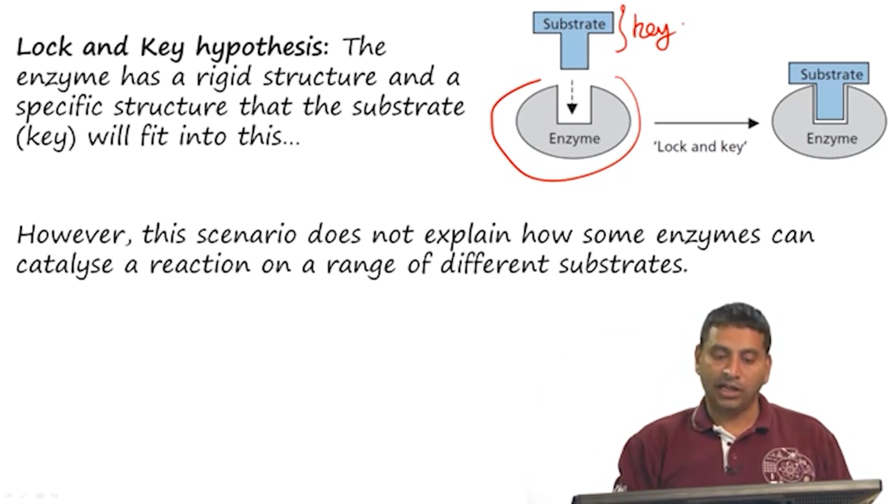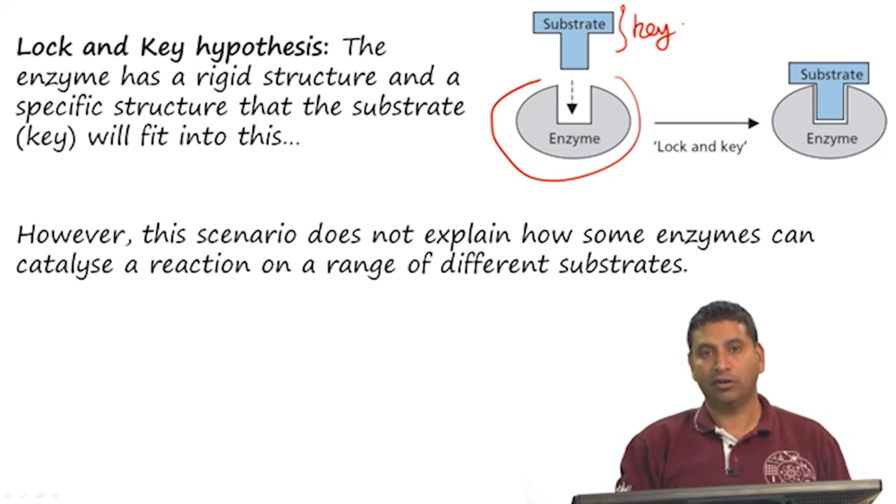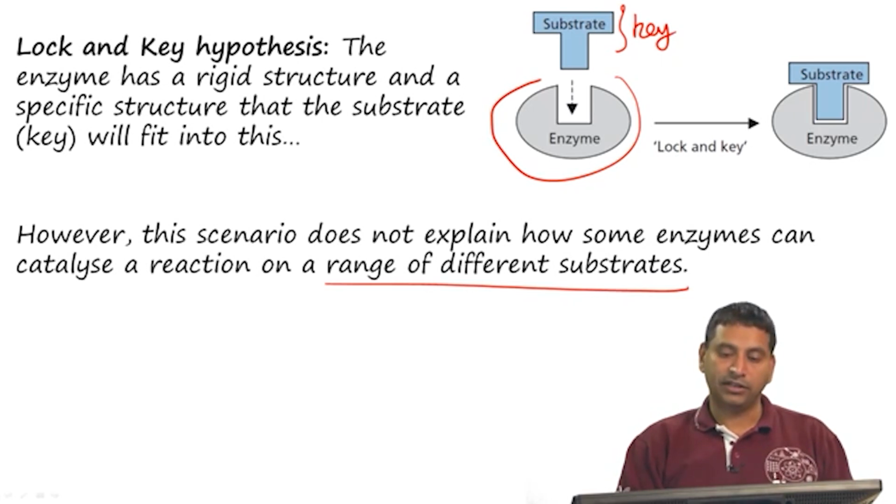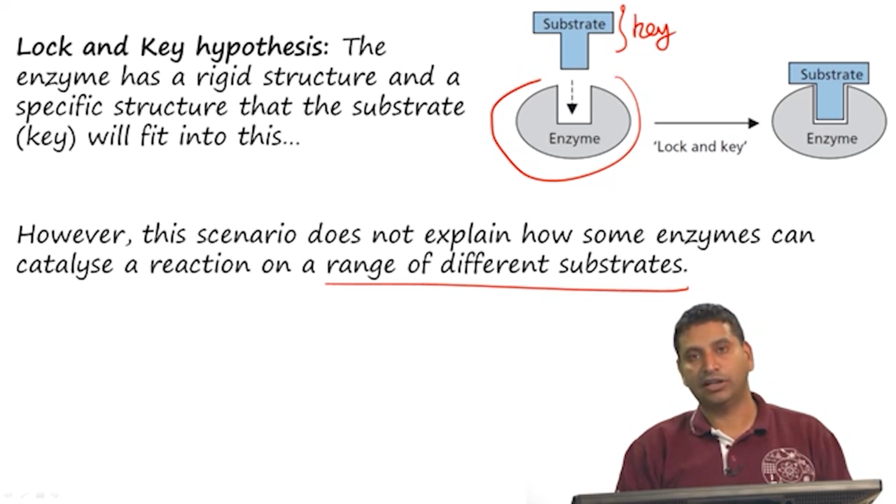However, this scenario does not explain how some enzymes can catalyze a reaction on a range of different substrates. The lock and key hypothesis would tell us that the substrate shape and size has to be very highly conserved, but that is not the case in certain enzymes.